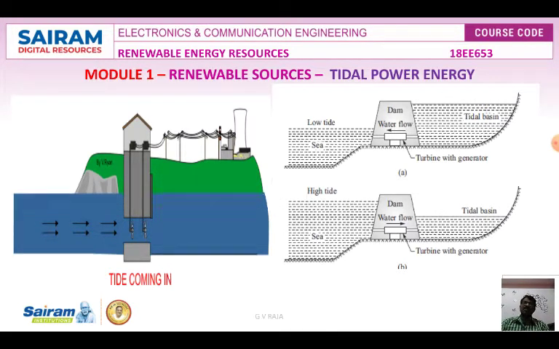But the thing is, whenever high tide comes, the water will be saved. At low tide, the saved water will go to the sea. While high tide is coming in, the water flows through the pipe where a turbine is kept, and the turbine rotates. Again at low tide the turbine is rotated.